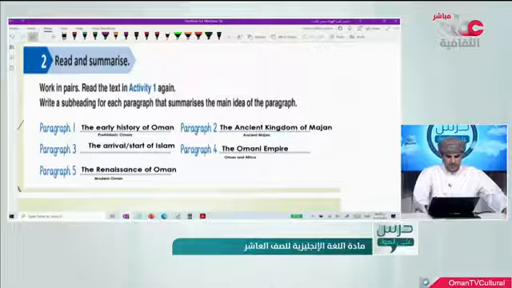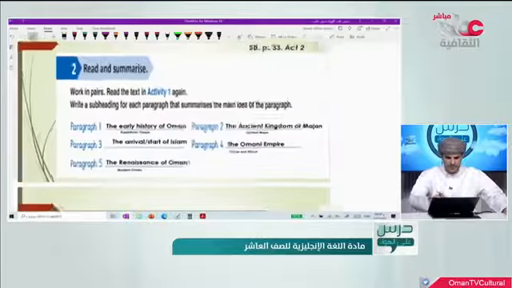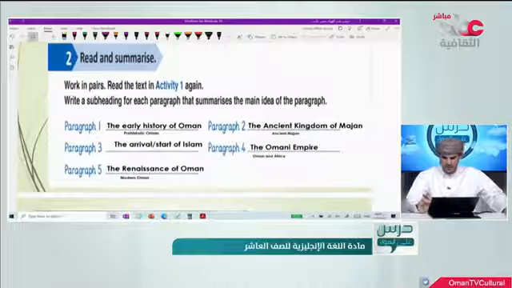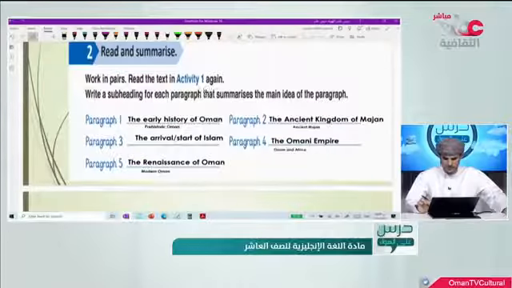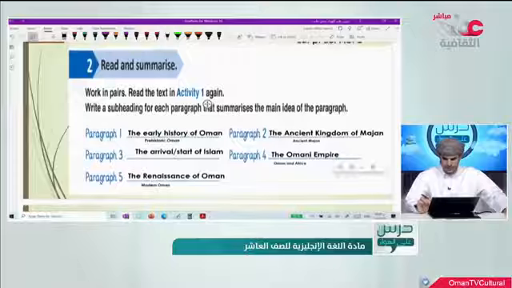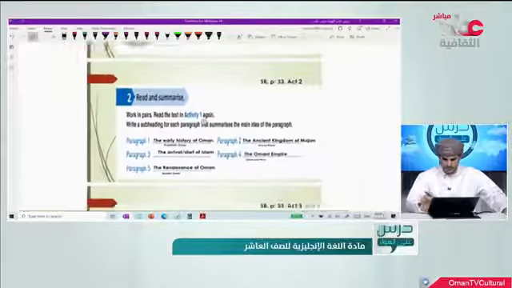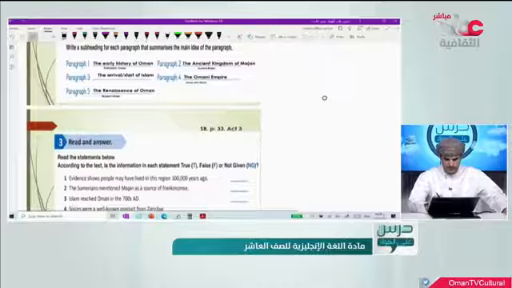And number 5, paragraph number 5, the Renaissance of Oman, or you can say modern Oman. You can just take a quick screenshot so you can write the answers later. Okay.